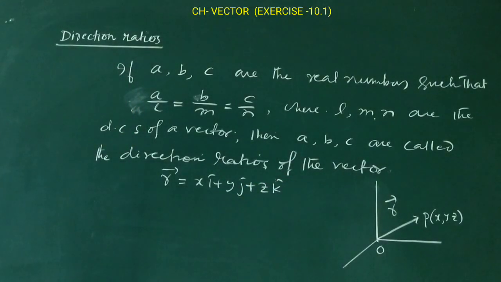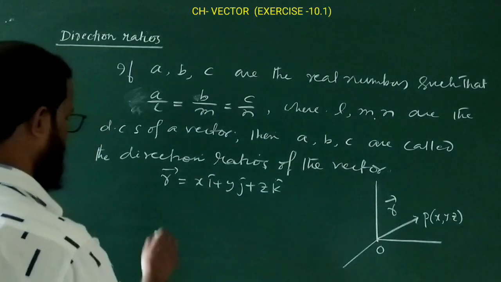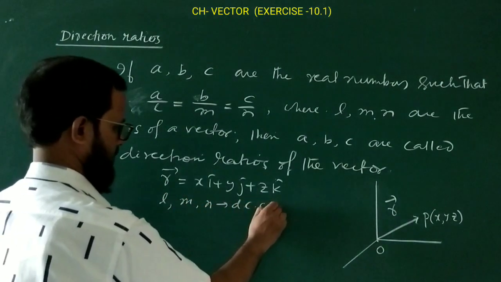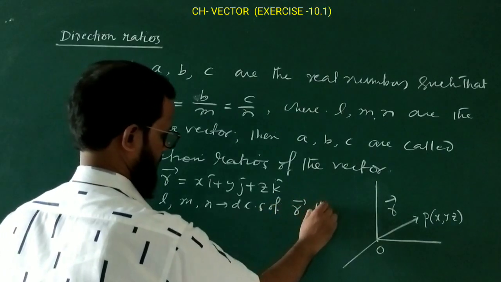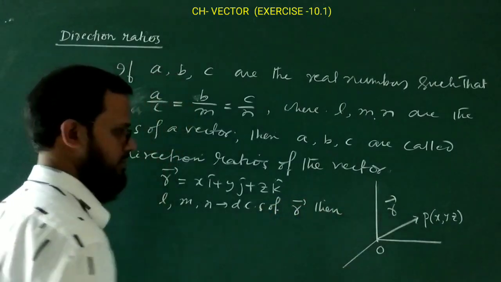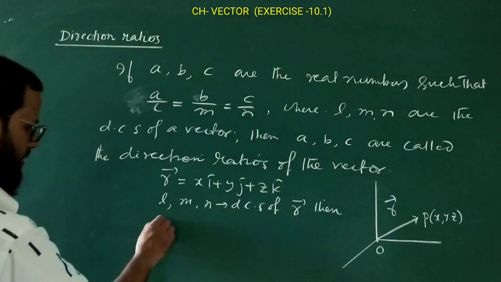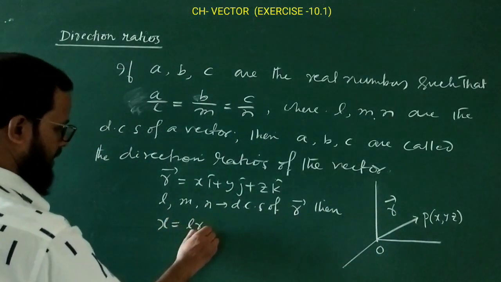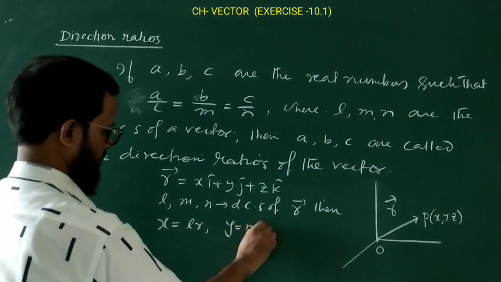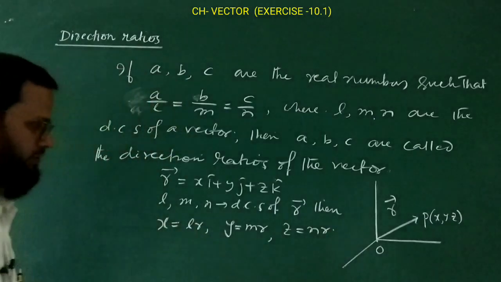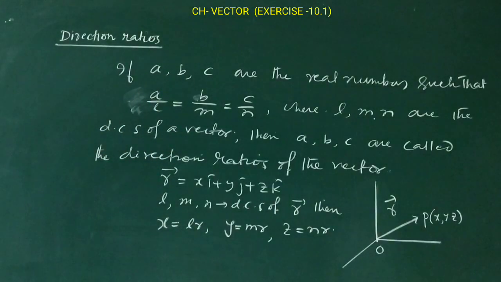Yes or no? And if l, m, n are the DCs of r vector, then what is the relation between x, y, z and l, m, n? We get x equals lr, y equals mr, z equals nr. Yes, we already proved this type of relation.